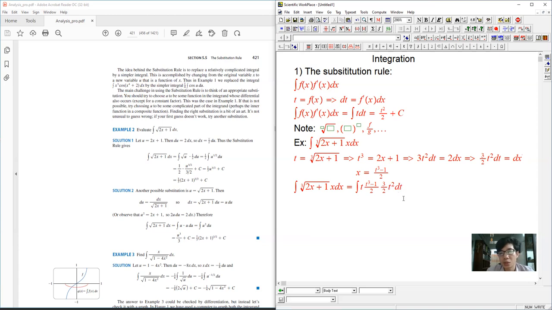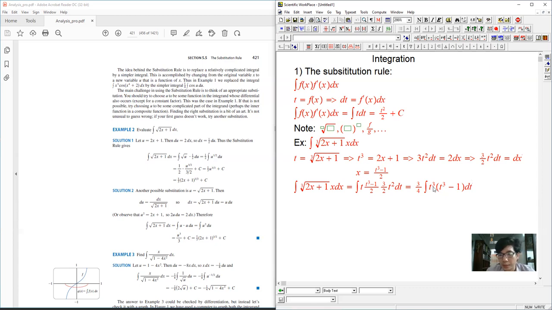And as a constant we could put it before the integration, so it is equal to 3 over 4 times the integration of t times t squared equal t cubed, multiplied by t cubed minus 1 dt.